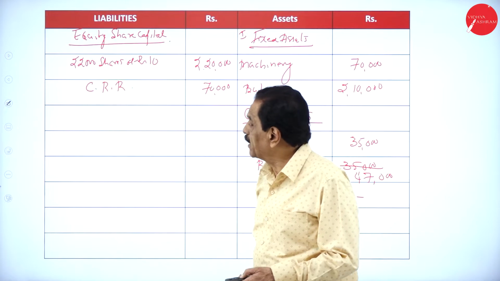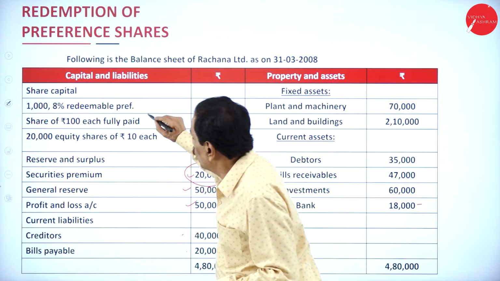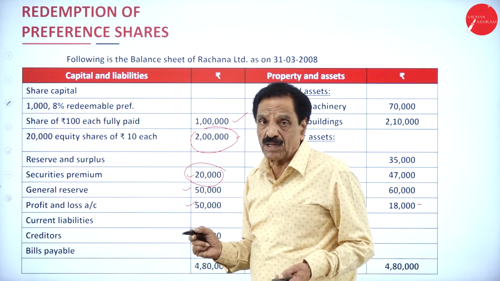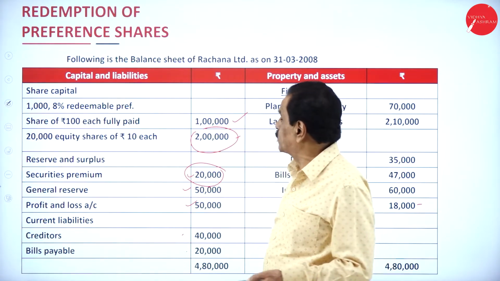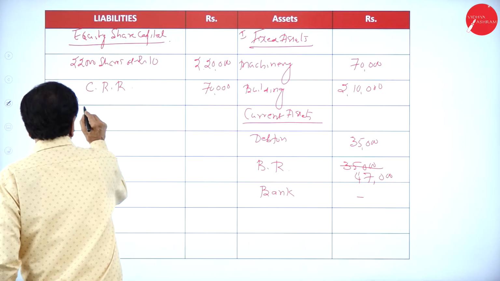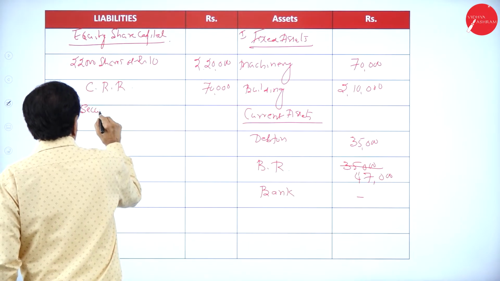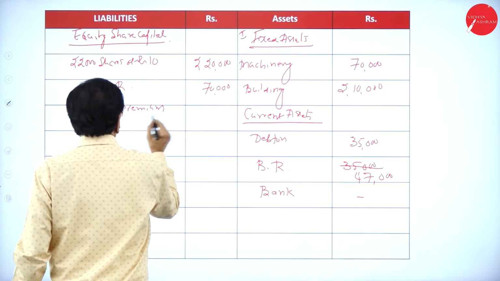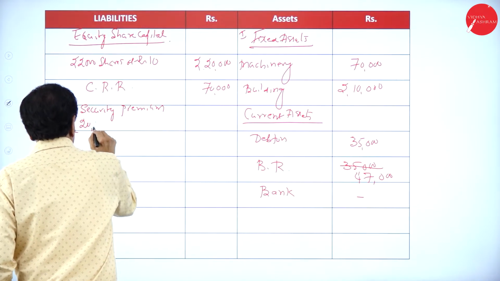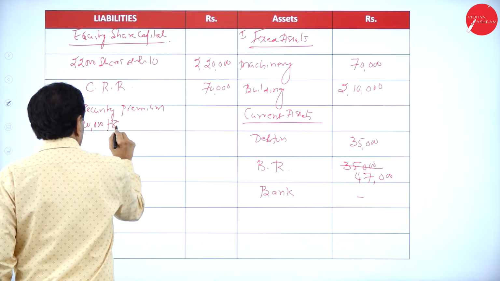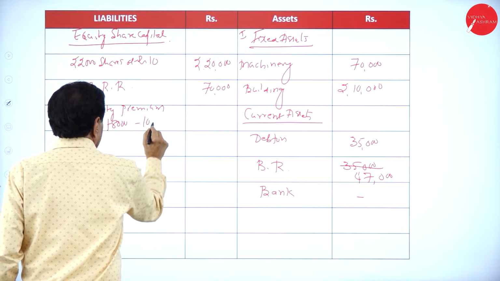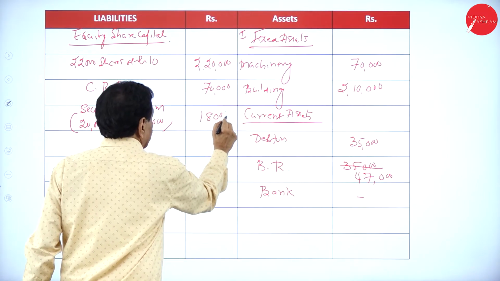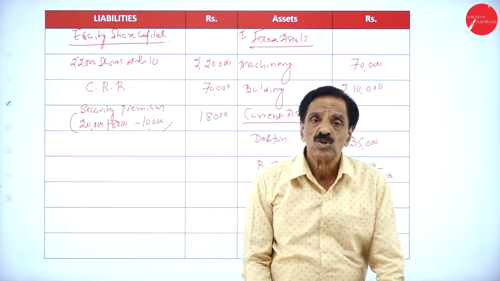Then see the reserve and securities premium: 20,000 plus 8,000. How much is utilized? 10,000. Securities premium: 20,000 old one plus 8,000 minus 10,000. So available is 18,000. Can you understand this?